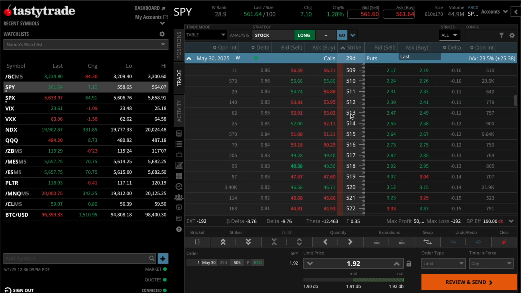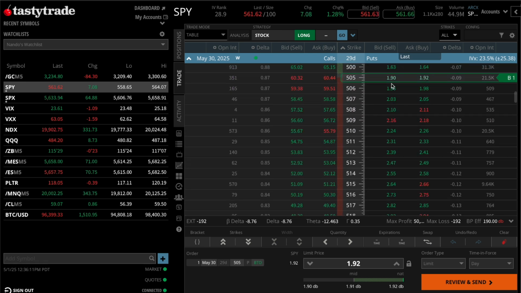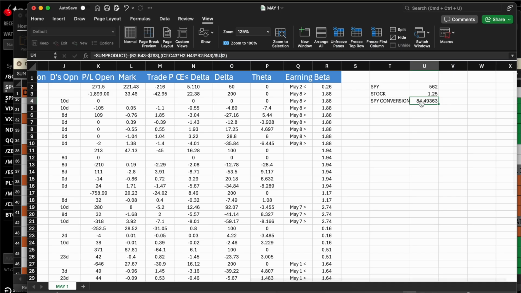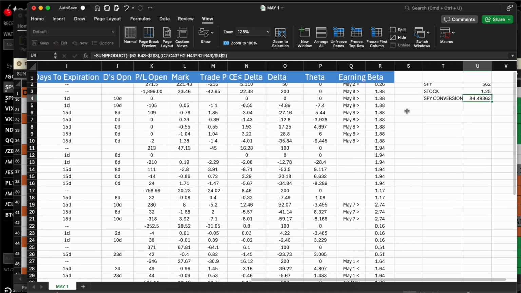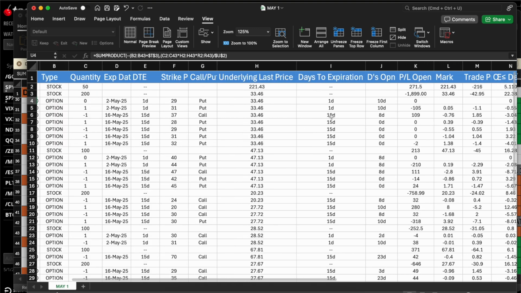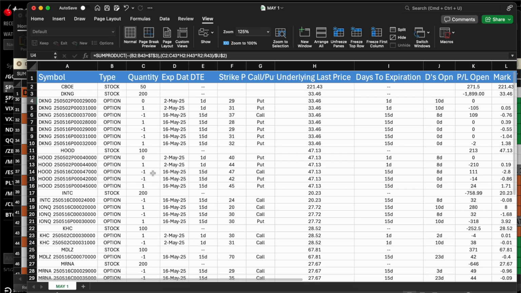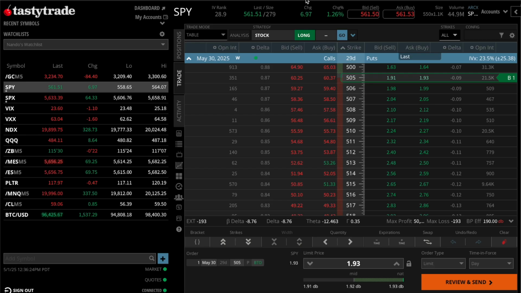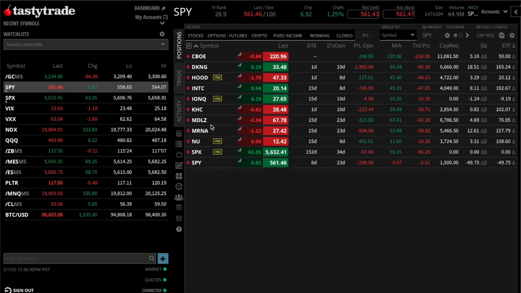And what this does is it provides me with insurance on the approximate 84 shares of SPY that all these positions are worth. Now again, why am I doing this in SPY instead of going to the individual stocks? The reason is because this is a lot cheaper.